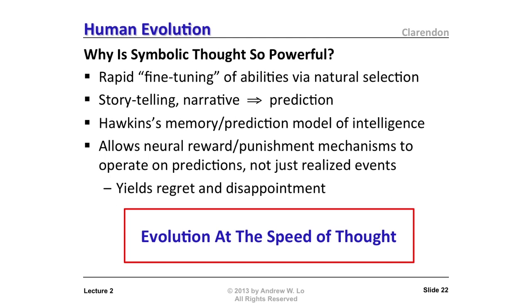Well, for the simple reason that it allows us to fine-tune our abilities via natural selection. Natural selection, not individual by individual, not species by species, but evolution at the very speed of thought. We can come up with 25 ideas and figure out that 24 of them are terrible, and one of them is worthy of a paper that we write and publish.